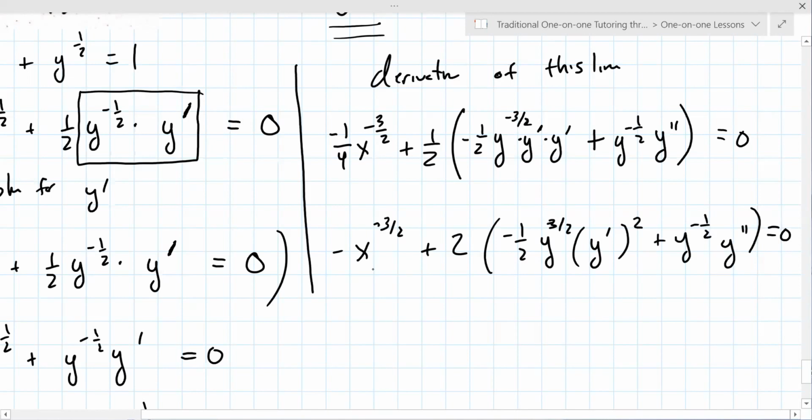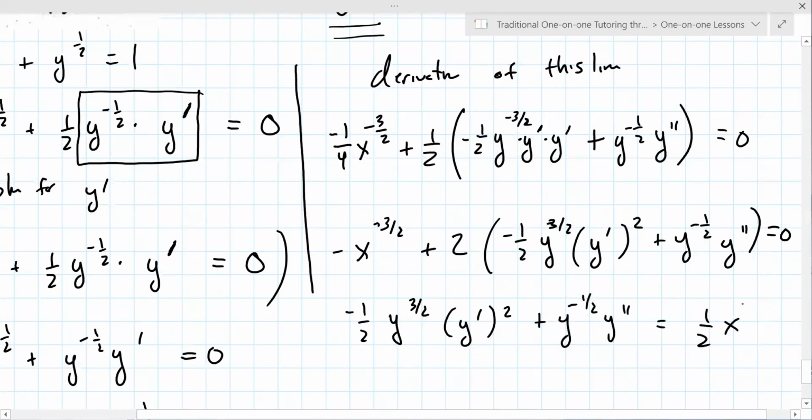So we're trying to get to that. So we're going to move that to the other side, divide by 2. So you have -1/2 y to the 3/2, just all this inside stuff, y prime squared plus y to the -1/2 y double prime equals 1/2 x to the -3/2, because I add this to the other side and divide by 2.